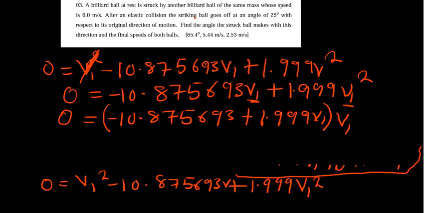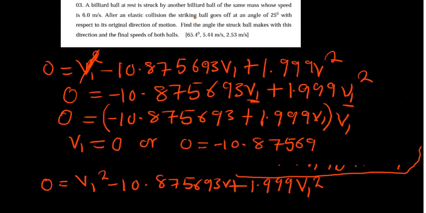We just did a factorization here, just factorized v1. Therefore, v1 is equal to 0, or 0 is equal to negative 10.875693 plus 1.999 v1.